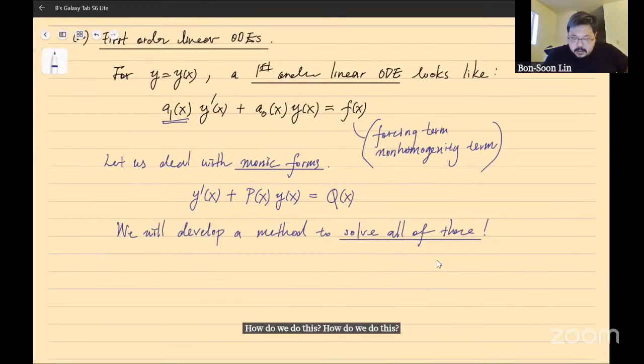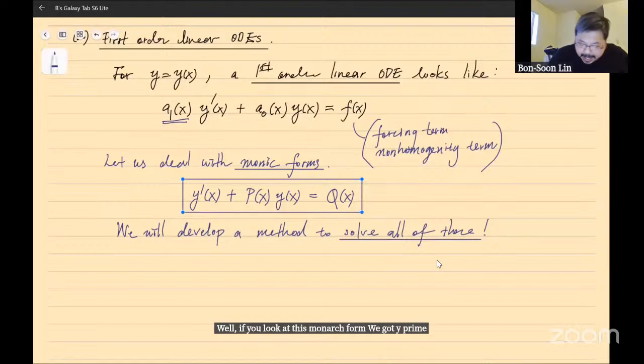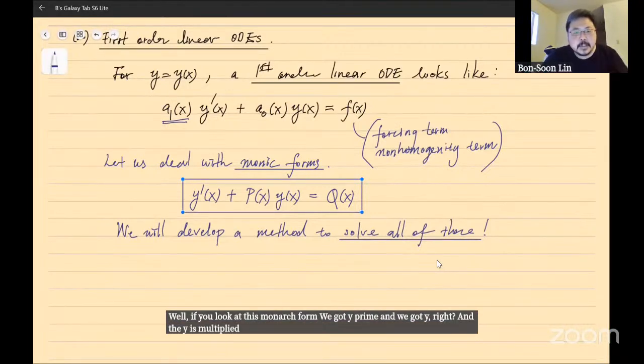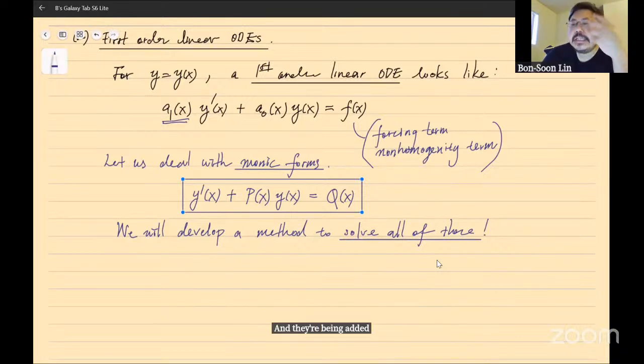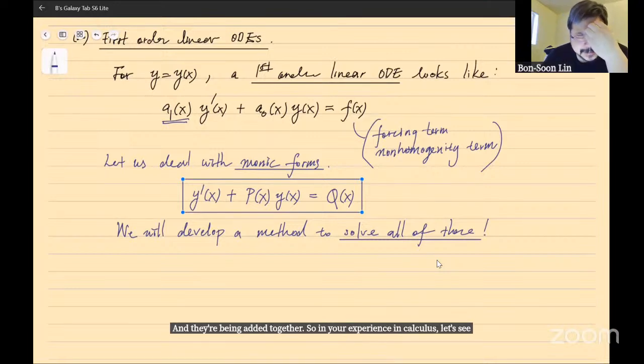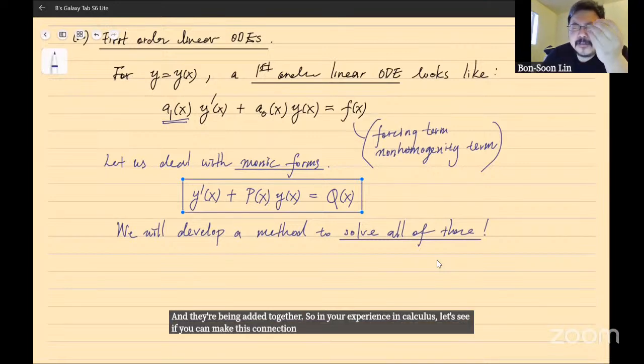Well, if you look at this monic form, we've got y prime and we've got y, right? And the y is multiplied by something else, and they're being added together. So in your experience in calculus, let's see if you can make this connection. Have you ever seen some function added to its derivative at some point?